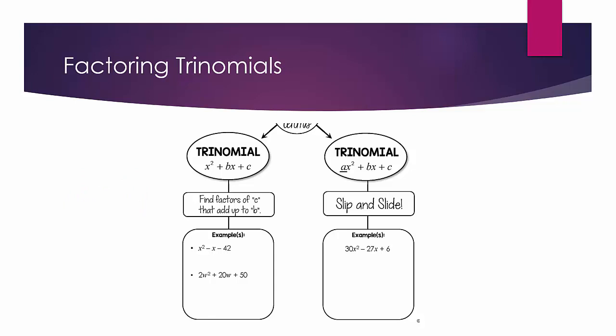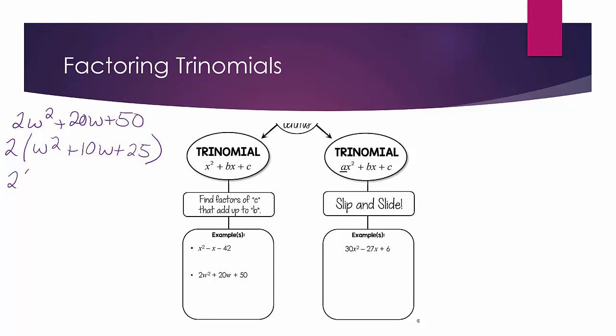So we've got 2w squared plus 20w plus 50. First thing I see is that 2 can come out of this: 2 times w squared plus 10w plus 25.